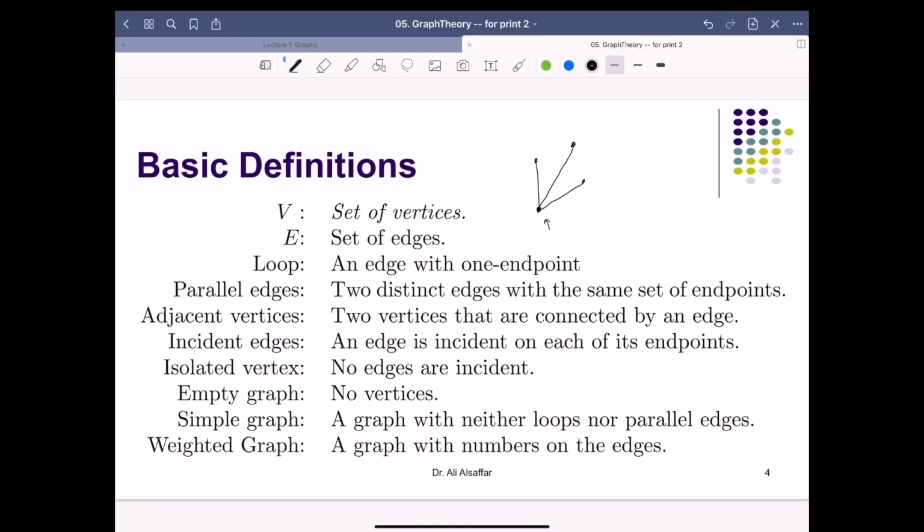So we say that this vertex has 3 incident edges. When we say incident, it means it is an edge connecting to another vertex. So this is an incident edge, this is an incident edge, and this is an incident edge. So how many incident edges do we have for this vertex? We have 1. But if I make this edge available between these two vertices, then now this vertex has 2 incident edges.